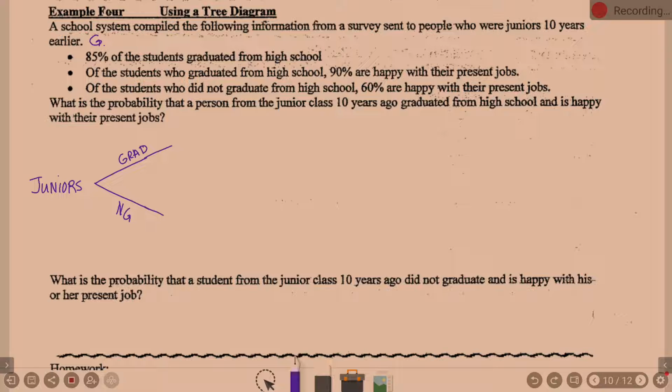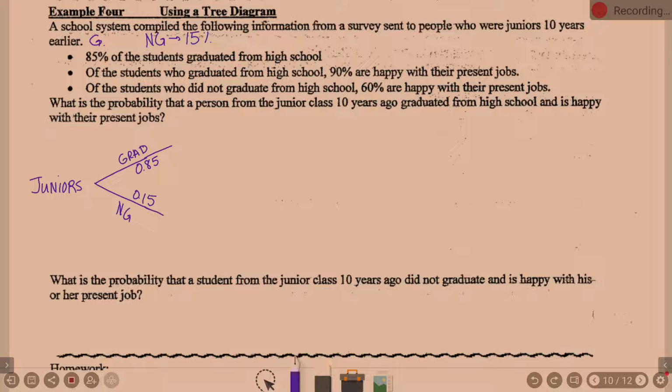What's 85% as a decimal? 0.85. If 85% graduated, how many did not graduate? 15%. So that as a decimal is 0.15. Right?